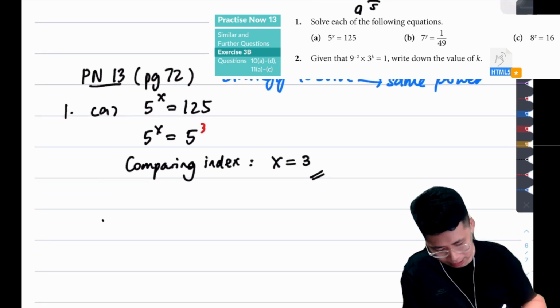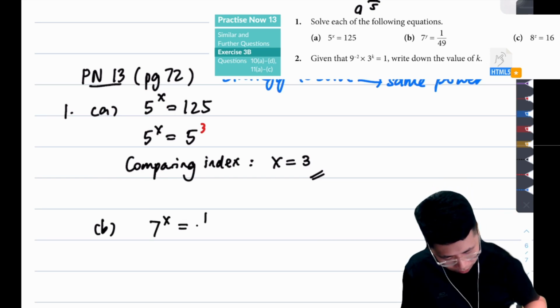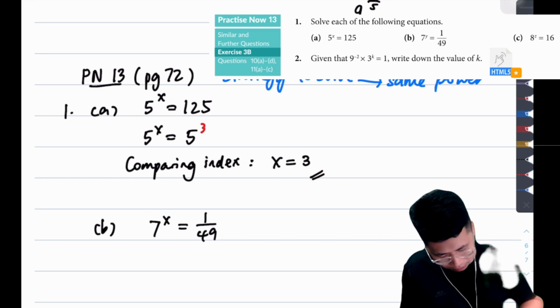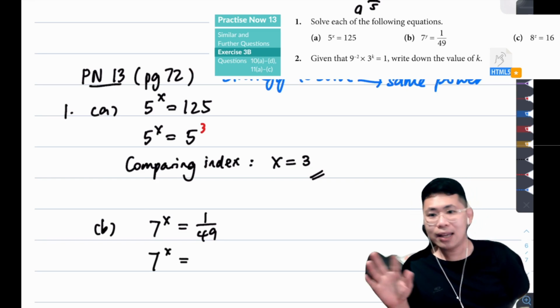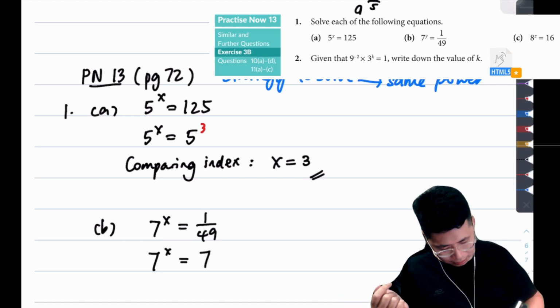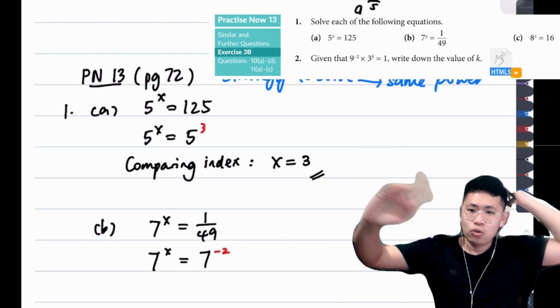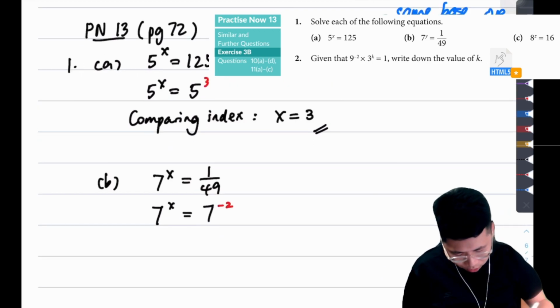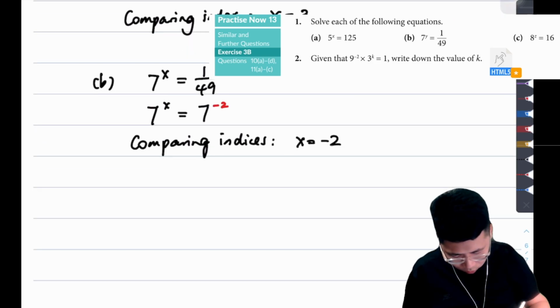Right, so this is 1a. 1b, I'm going to have 7 to the power of x is equal to 1 over 49. So 7 to the power of x is just 7 to the power of x. 1 over 49 is 7 squared, and it's at the denominator. So it will be 7 to the power of negative 2. Negative because it's at the denominator, 2 because it's 7 squared. So comparing indices, x is equal to negative 2.